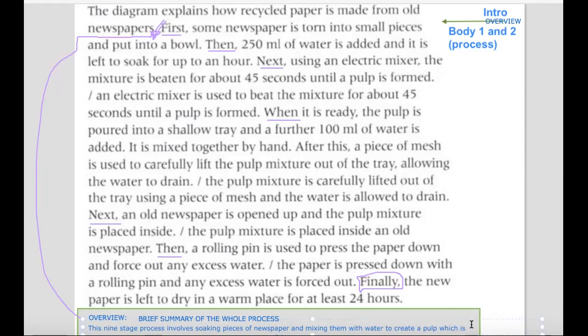Okay. Now think about the 3 things that happened to the pulp. So we could maybe say which is drained, or the first thing that they did to it is soaked, okay, which is soaked, drained, pressed.